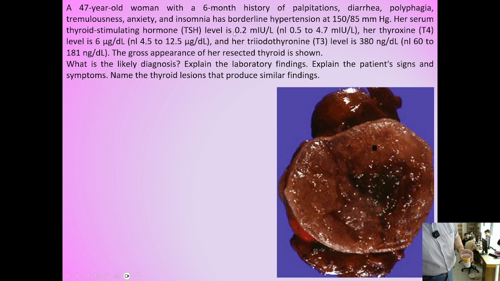TSH is low. That means the cause is primary in the gland itself. T4 is normal, however, T3, the triiodothyronine, is increased, very, very increased. You see, 380. And here is this tumor lesion within the thyroid gland parenchyma.